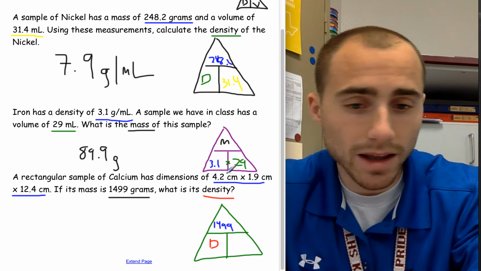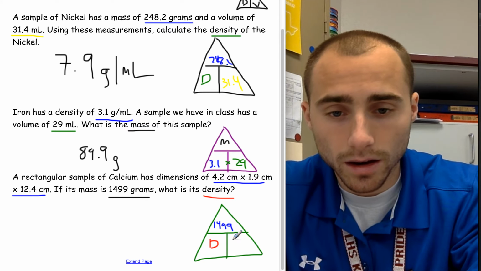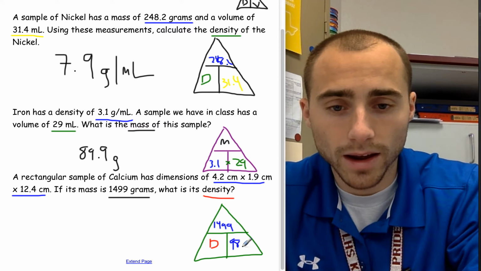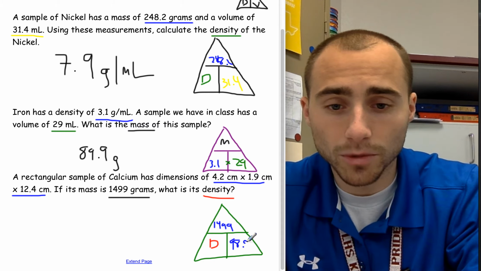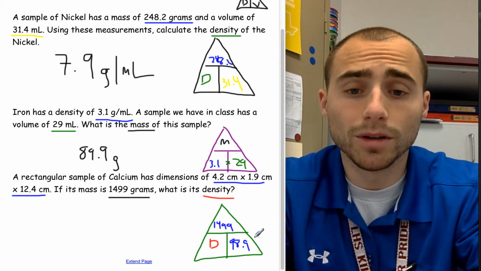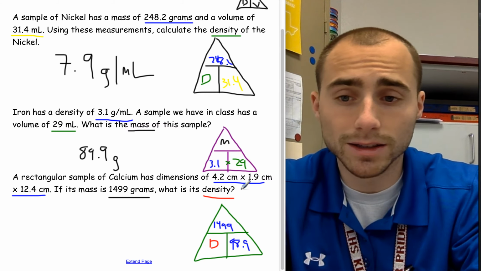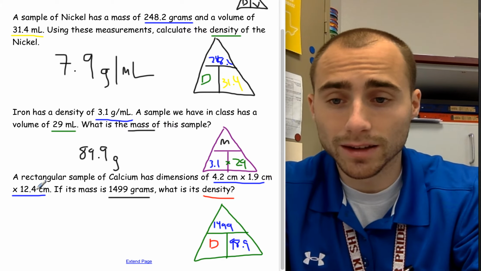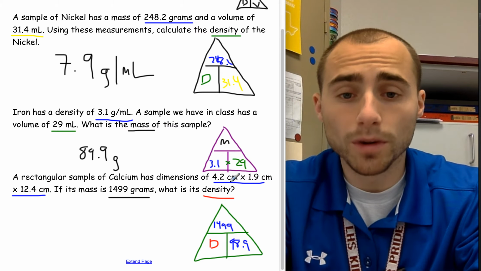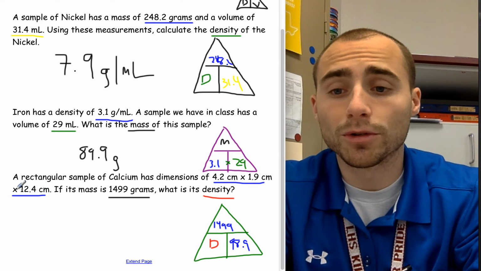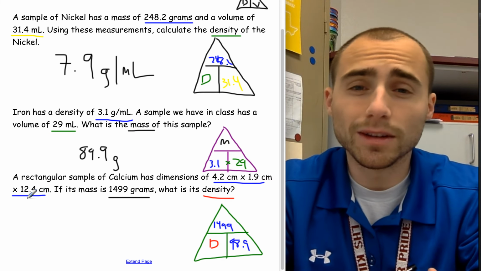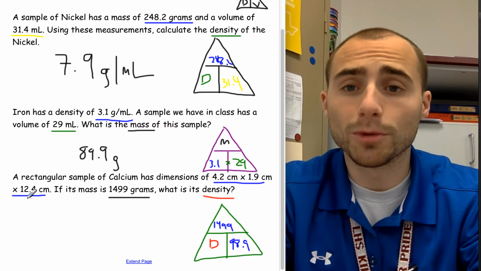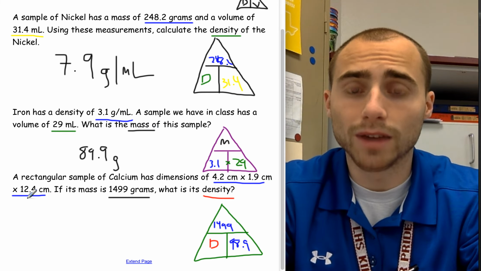And you end up with 98.9. That is centimeters cubed, which remember, a centimeter cubed is the same thing as a milliliter, so it's just fine if we calculate it in centimeters cubed. So if you ever see dimensions like this, that's when you need to do 4.2 multiplied by 1.9 multiplied by 12.4. So you'll see centimeters cubed anytime there's a rectangular sample, because then you can measure its volume with a ruler instead of having to use a cylinder.